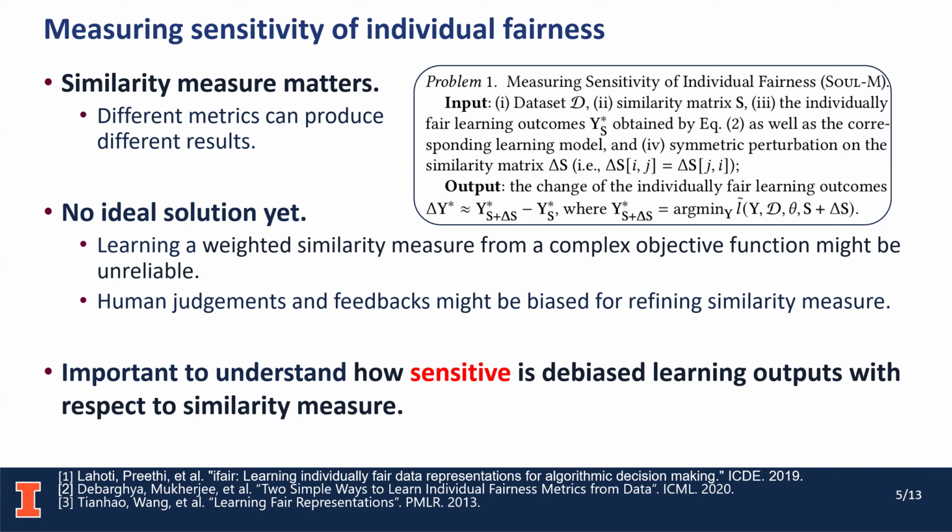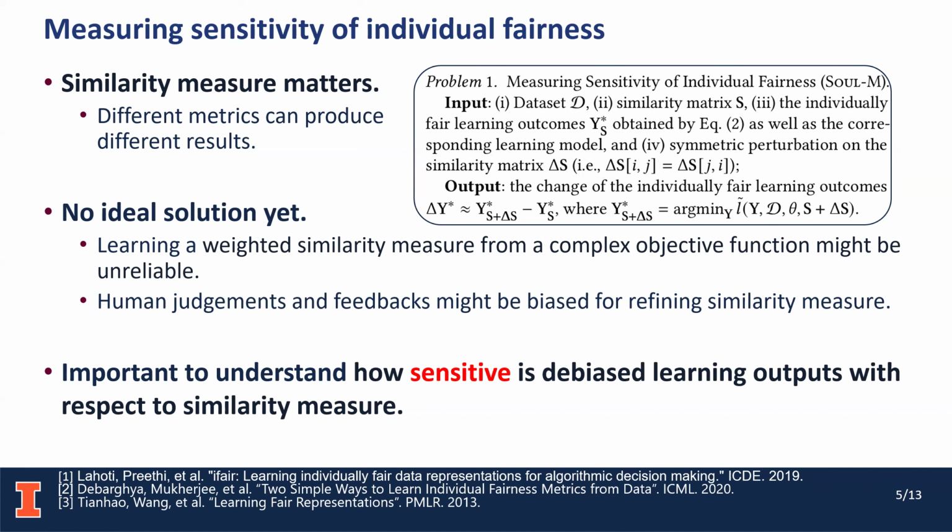In this paper, we define problem 1, which we refer to as the SOM problem, in the upper right corner. It is to measure the sensitivity of individual fairness: given a data set, a predefined similarity matrix, and the individually fair learning outcomes from the iFair paper, we try to understand under perturbation how the individually fair learning outcomes will change, which is the delta Y star here.